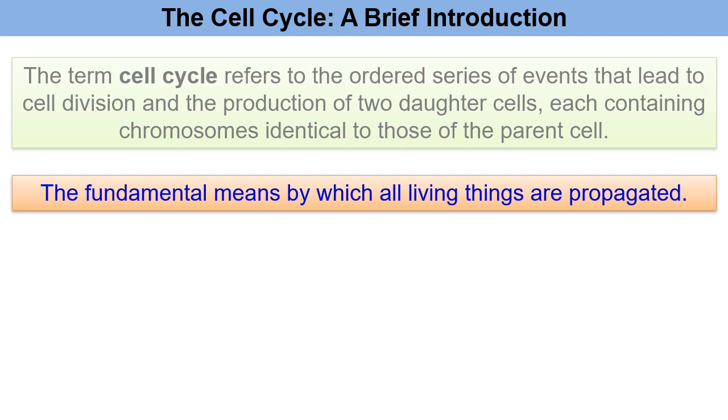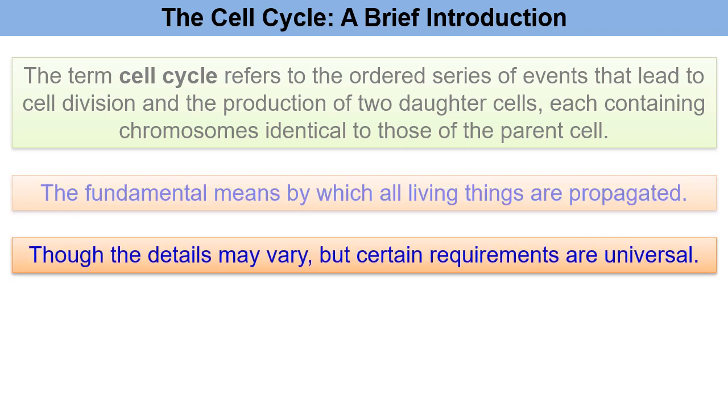The cell division cycle is the fundamental means by which living things are propagated. In unicellular organisms such as bacteria, each cell division produces an additional organism. But in multicellular organisms, repeated cycles of cell growth and division are required. Though the details, such as the duration of the cell cycle, vary in different types of cells, certain well-coordinated requirements are universal.